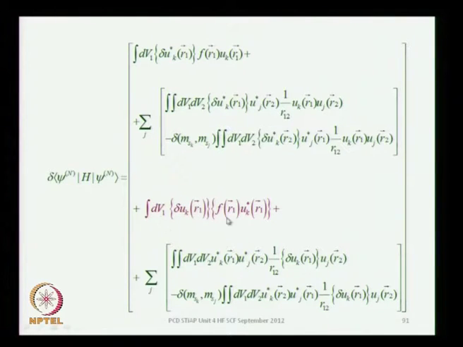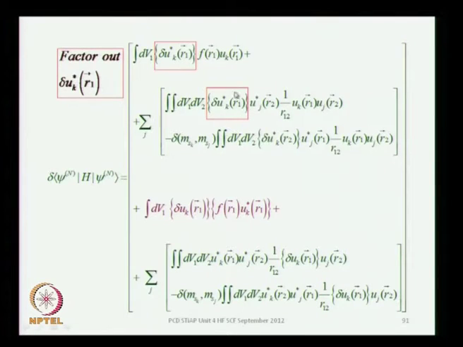So, delta u k r1 is common over here, you have delta u k r1 over here, and then you have delta u k r1 over here, and in all of these 3 terms it is only a multiplicative common factor in all the 3 integrands. So, you can combine the integrands.